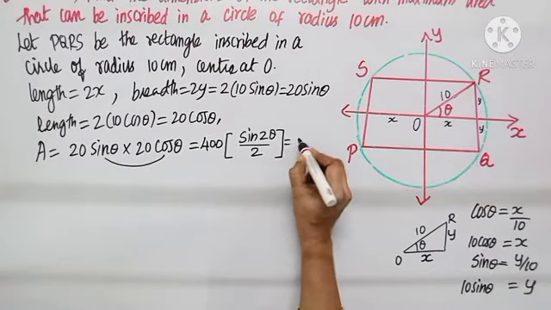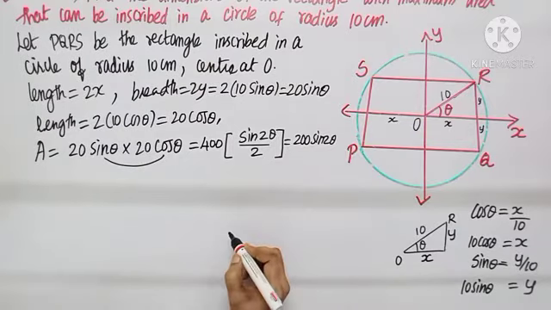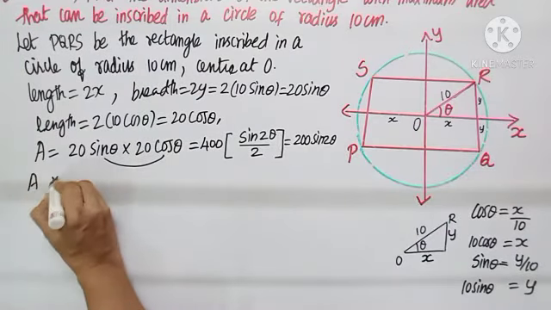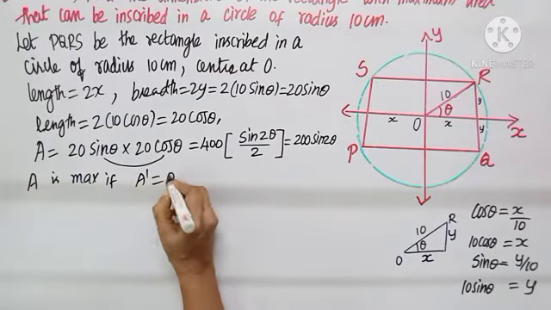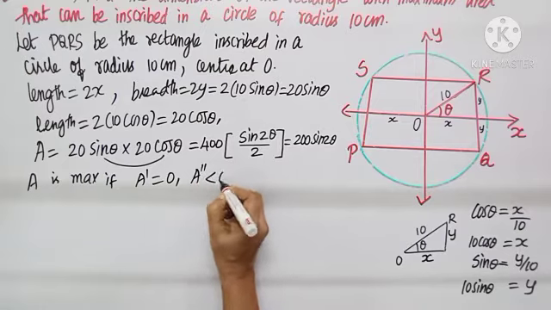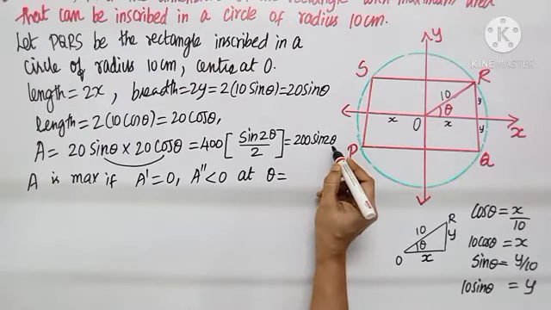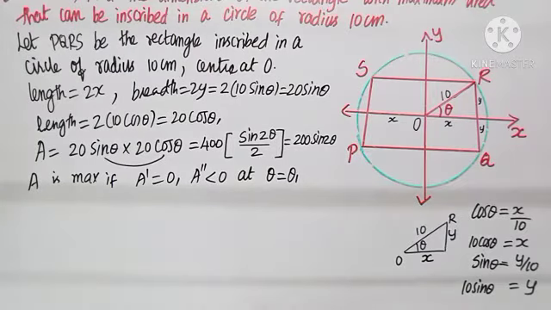Cancelling, it is 200 sin 2 theta. Now, my question is area maximum. A is maximum if A dash equals 0 and A double dash is less than 0 at the theta value. In this question, theta is coming, so theta equals theta 1.